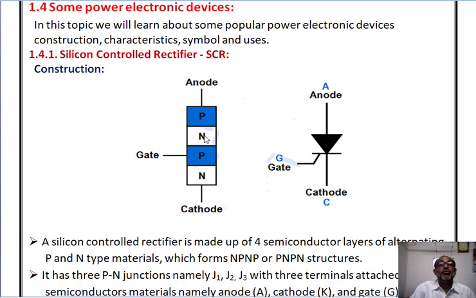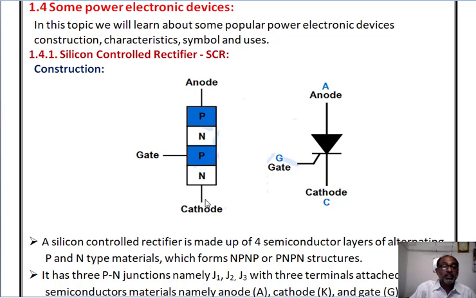SCR is a 4-layer, 3-junction device, and it has 3 terminals: anode, cathode and gate. Now the anode is a positive charge electrode, so through this anode terminal the conventional current enters the SCR.